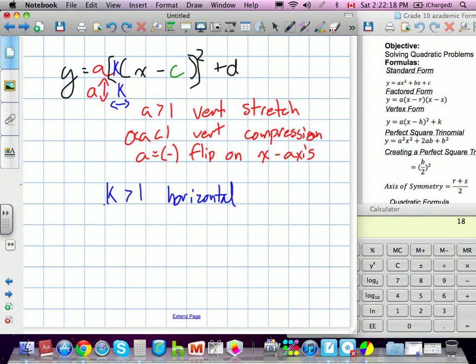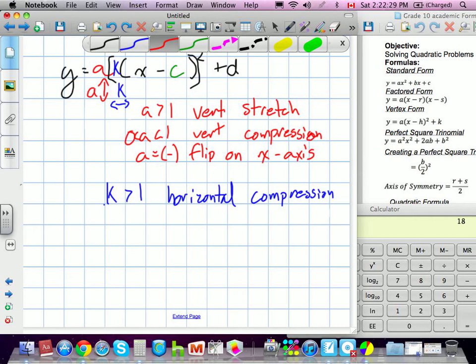Because what ends up happening here, in this case, is we multiply by A, and we multiply by negative A. In this case, we're actually multiplying our x value by 1 over k. So, if k is greater than 0 and less than 1, we have a horizontal stretch.